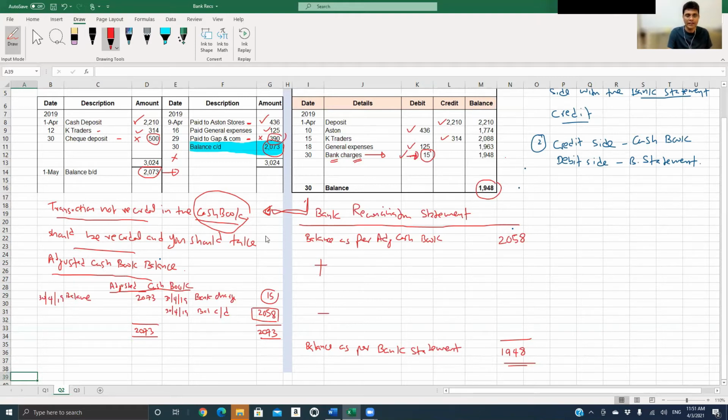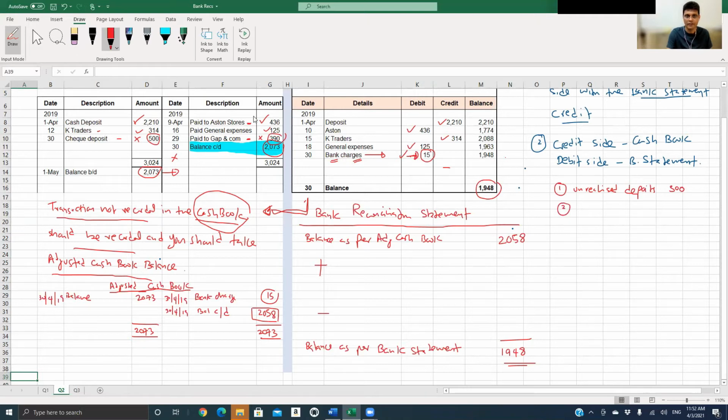Okay. Now we identify two differences. One is a check deposit of $500 was not credited in our bank account. Okay. So we can say unrealized deposits, 500.